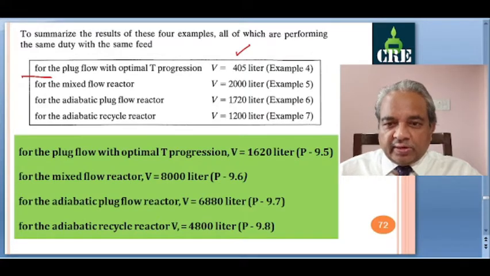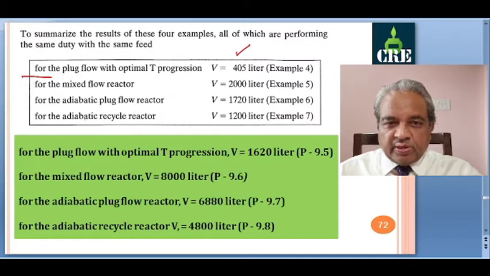Then plug flow reactor will be more than recycle, which was the best, and mix flow is still more. So mix flow maximum, in between you have plug flow, and lowest is recycle reactor.